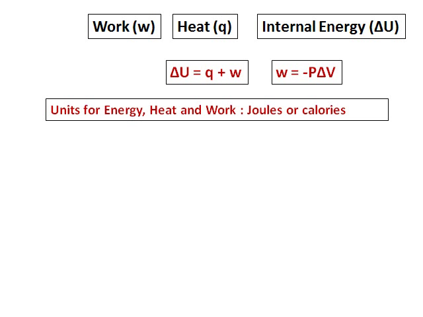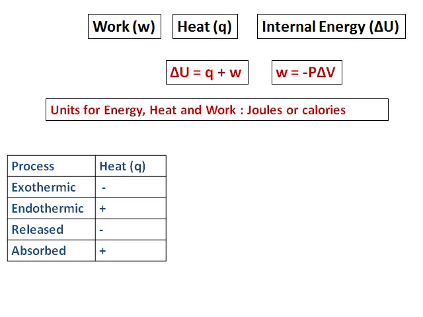Another thing you have to understand in this chapter is the sign of Q and W. That's very important. So spend a few seconds and understand what's given in these two tables. Make a copy of it and keep it next to you whenever you're doing a question on work, heat, and internal energy.